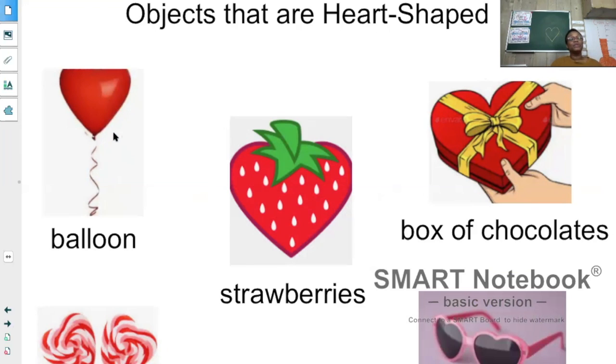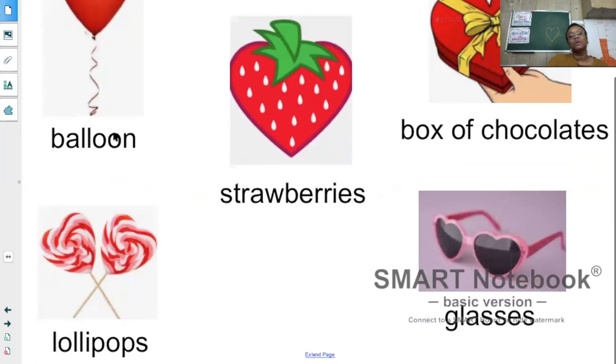So we can have balloons, right, that are different shapes. And so the last time I used balloons to show you that they had an oval shape. Well, you can also have a balloon that is heart-shaped. Strawberries, if we look at them, are heart-shaped. There can be lollipops that are heart-shaped. There can be lollipops that are round, right?